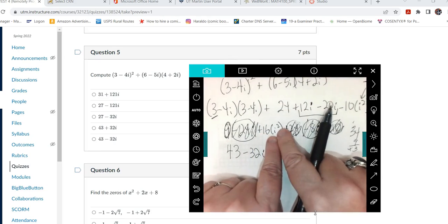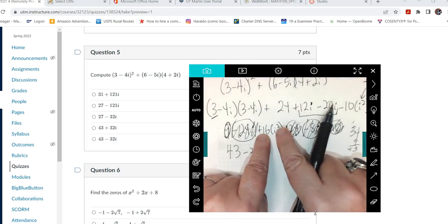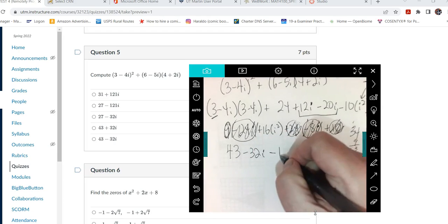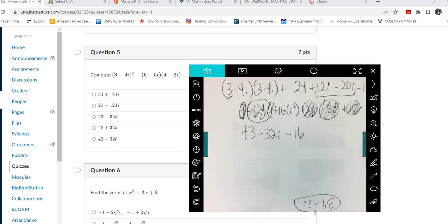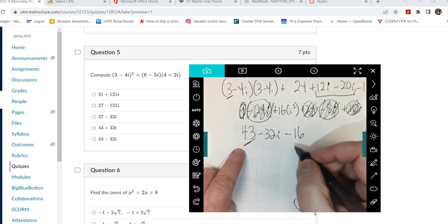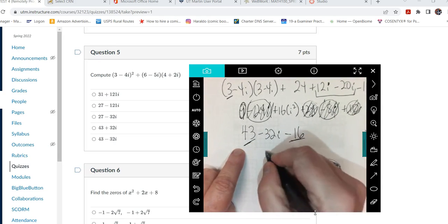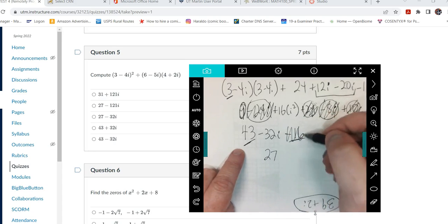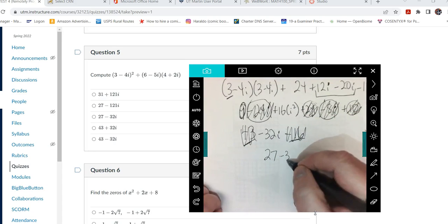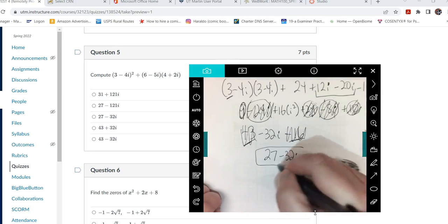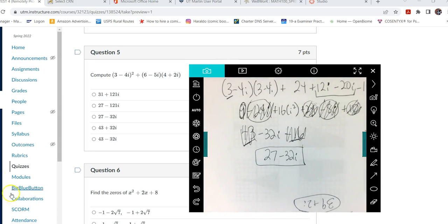And then 16 times i squared is going to be 16 times negative 1. And 43 minus 16 is 27. And minus 32i. So that's what we're looking for on that one.